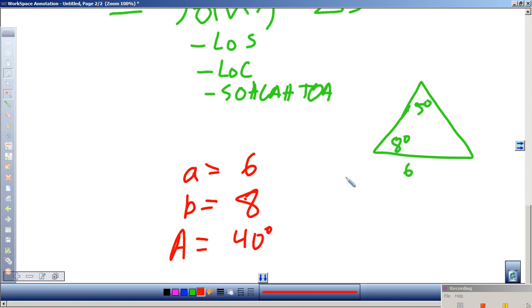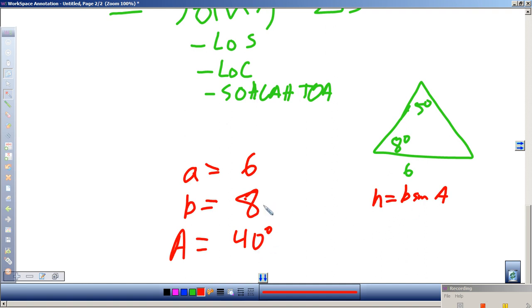So first we have to check, is there actually two cases? H equals B sine A. What is B sine A?